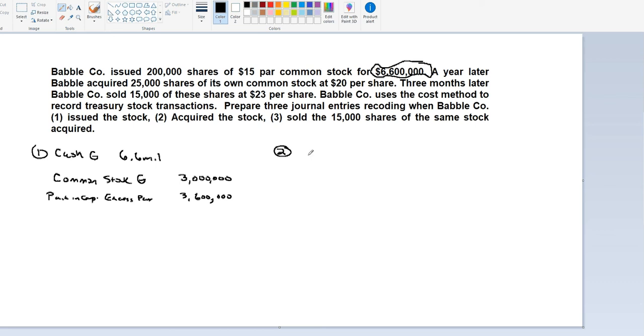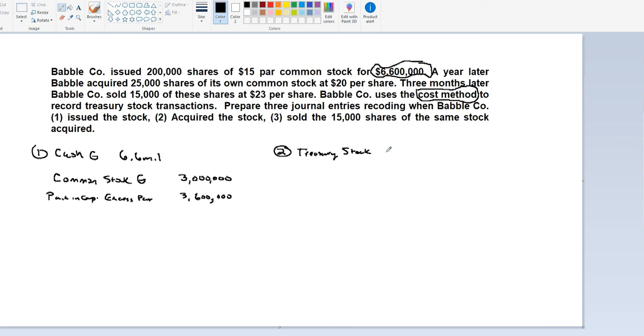Now, Babel Company decided to acquire some of its stock back. And so we have to figure out, well, what method do they use? Do they use the cost method or do they use the par value method? Well, we know, based on the problem, they use the cost method. So if they use the cost method, then all we simply have to do is record the purchase back at cost. So we have a treasury stock. Anytime we buy back our own stock, we call that treasury stock. And what do we buy it back for?